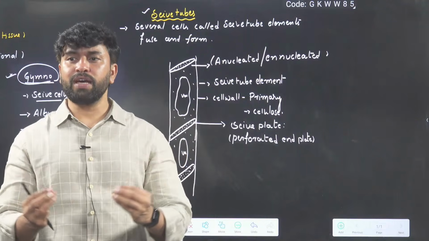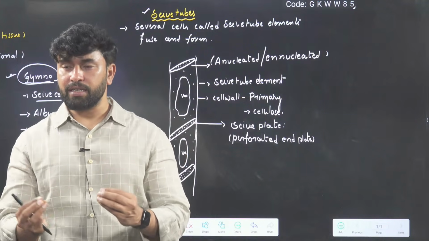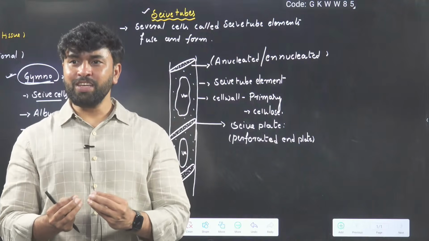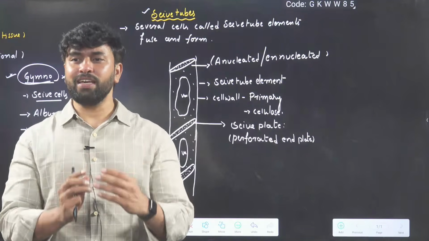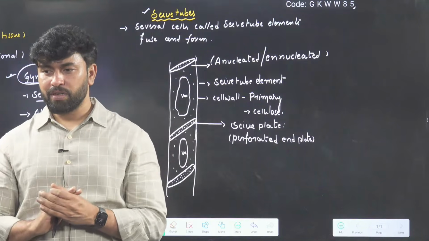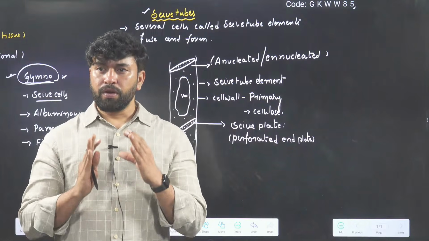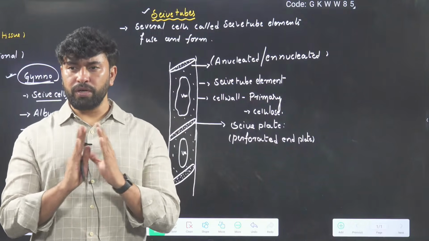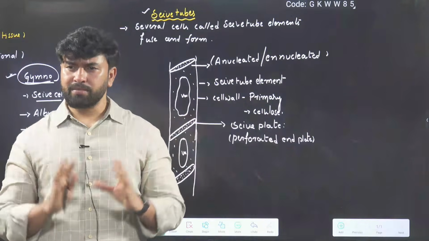Such a cell is known as an enucleated cell. One more time: from the beginning there is no nucleus, anucleated.